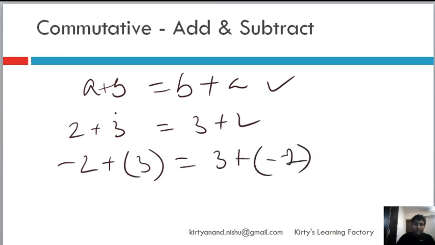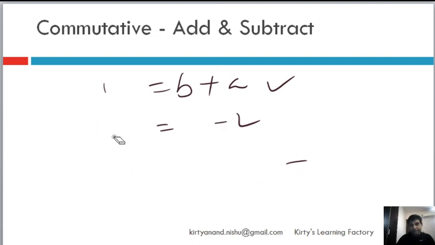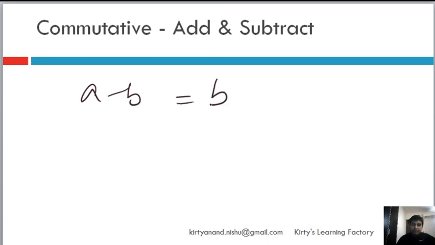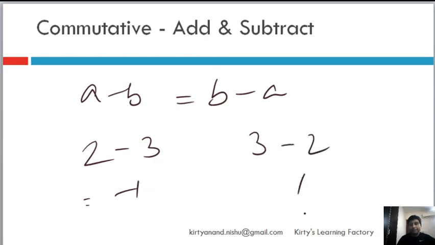But for subtraction it is not commutative. a minus b will not be equal to b minus a, which is obvious because now we are decreasing value. For example, if a is 2 and b is 3, then it becomes minus 1. But when we do 3 minus 2, because 3 is bigger, it becomes 1. So when we are subtracting, it will not be commutative. The operation will not be equivalent from both sides.